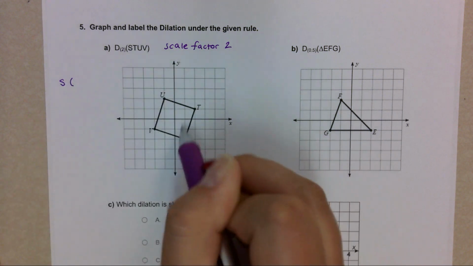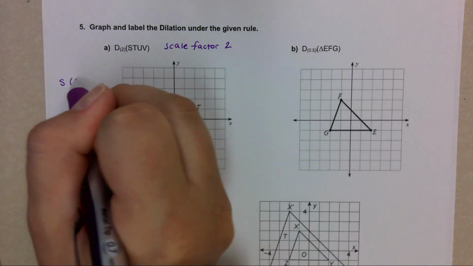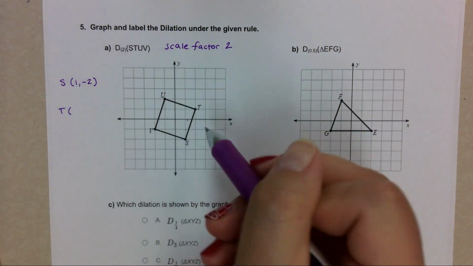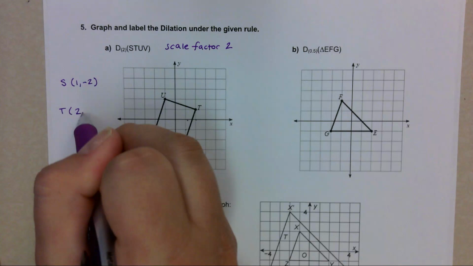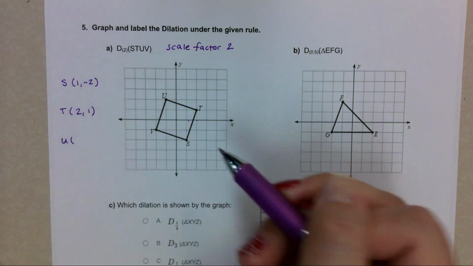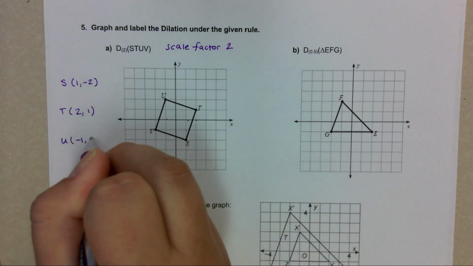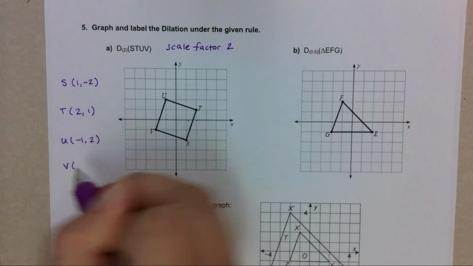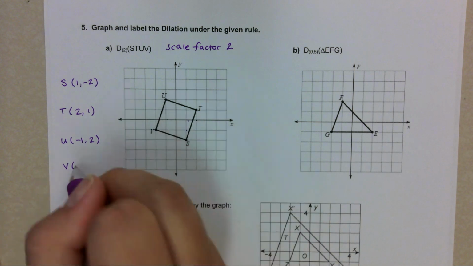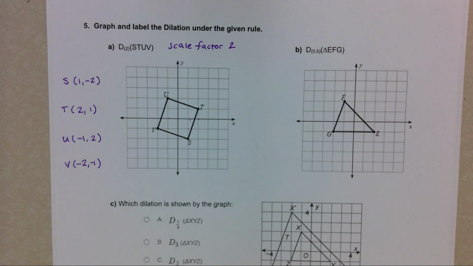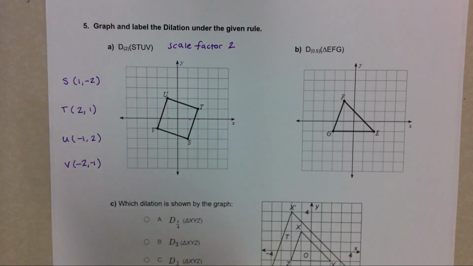Right now, S is at 1, -2. T is at 2, 1. U is at -1, 2. And V is at -2, -1.